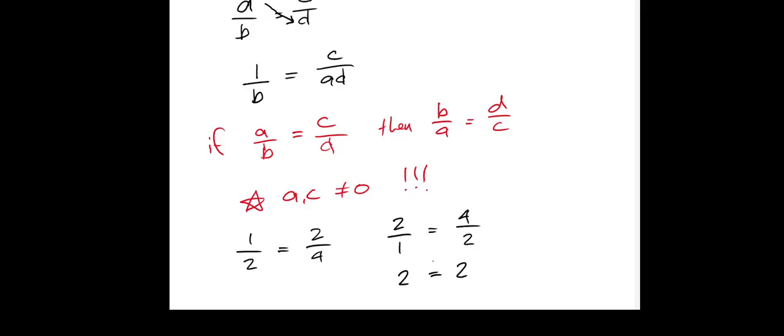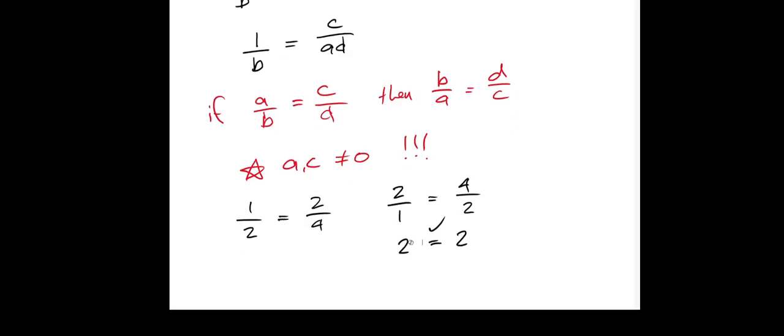Is that correct? Yes, that's correct. So our example works. This is really, really handy to have, especially when we're solving algebraic equations. It's a skill that will really behoove you to know.